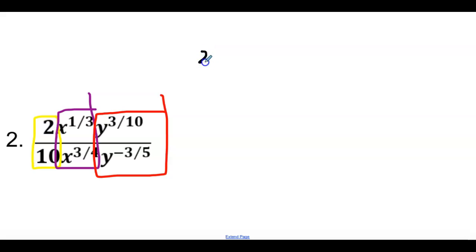So 2 divided by 10 is just going to be a fraction. We can divide each of those by 2, and we get the fraction 1 over 5.